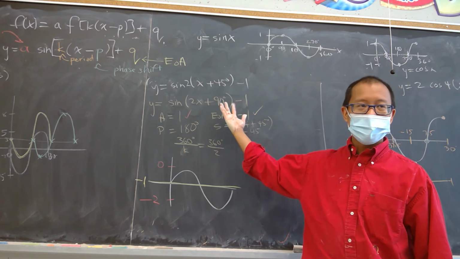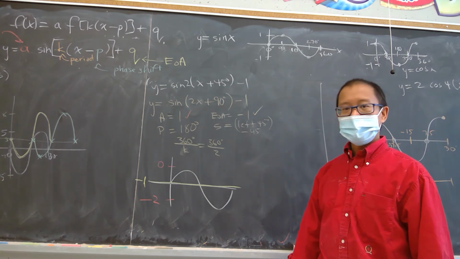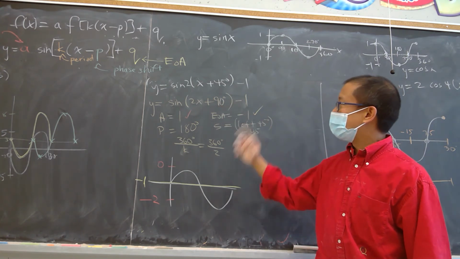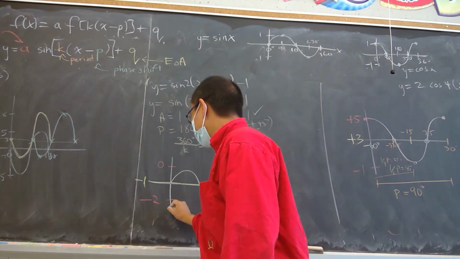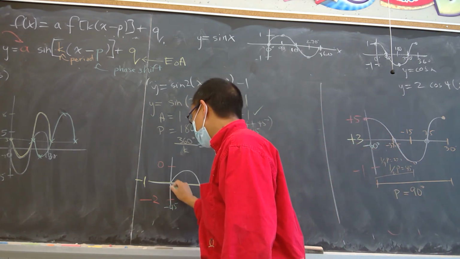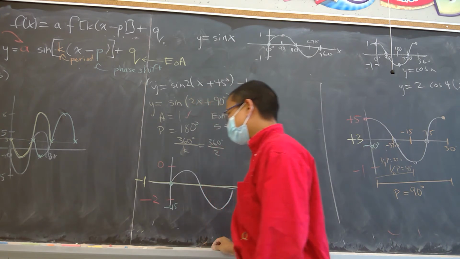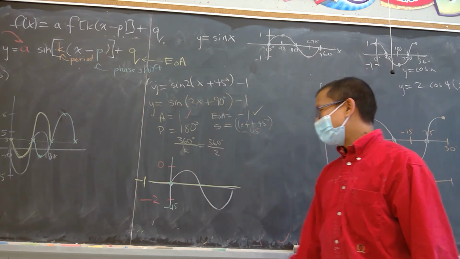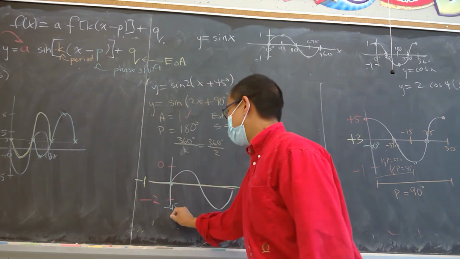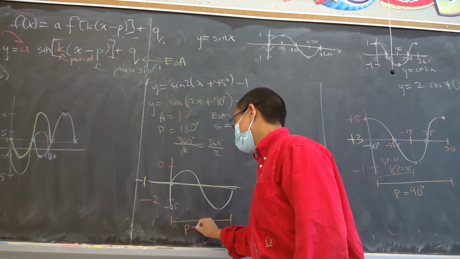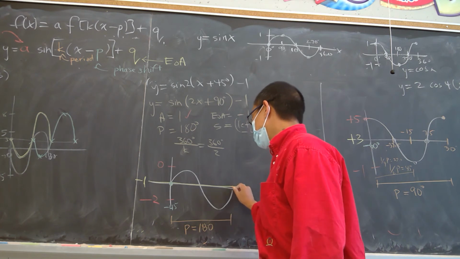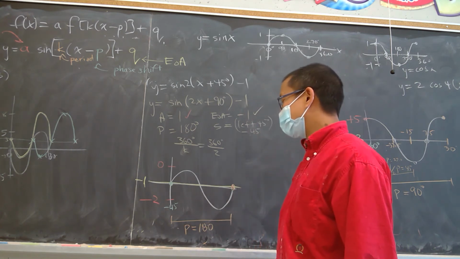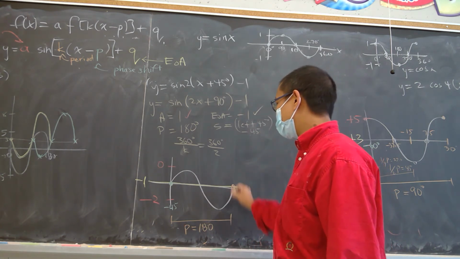And again, if you got that wrong, that 90, there's going to be a problem. So I write down here, that's negative 45 degrees. And then I have to ensure that the period equals 180 degrees. And that means this distance must be 180 degrees. So this endpoint is going to be 135.